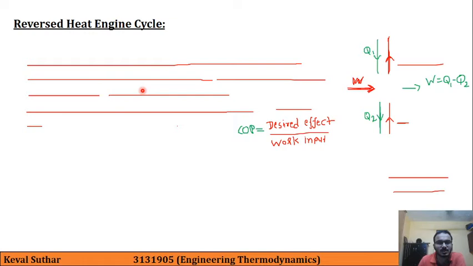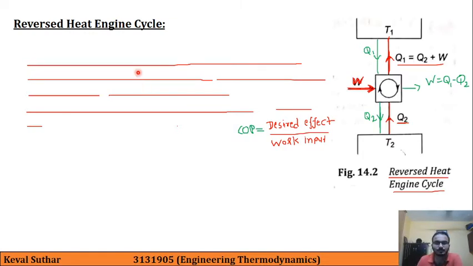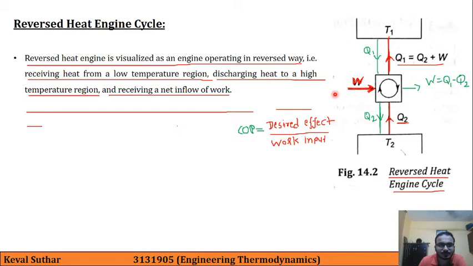The next topic was the reversed heat engine cycle. We have previously studied the heat engine in the second law of thermodynamics, and here we have the reversed heat engine in which we extract heat from the low temperature reservoir and give it to the high temperature reservoir, and for that purpose we require work input.